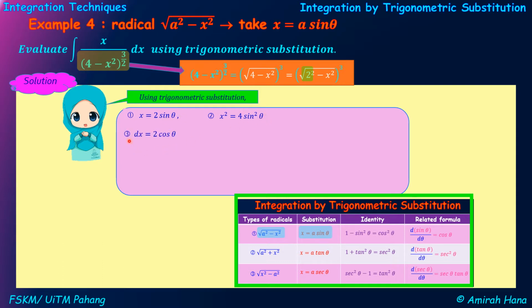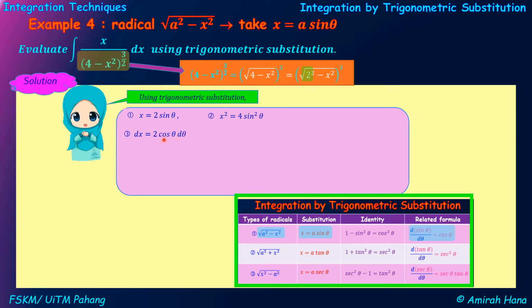After that, step 3, we need to differentiate from step 1. We differentiate x with respect to theta, so we get dx over d theta. Now we need to differentiate 2 sine theta. We still have constant 2 in front, and when we differentiate sine theta with respect to theta, we get cos theta.